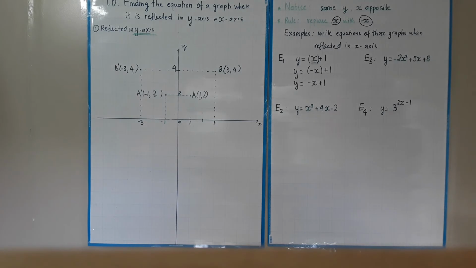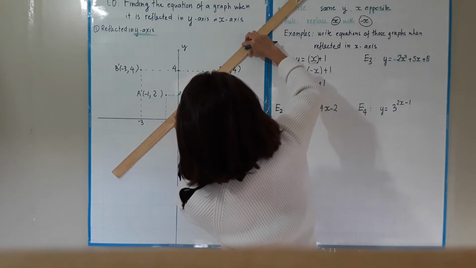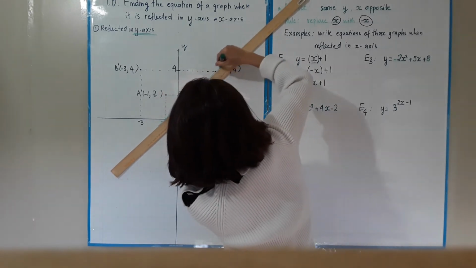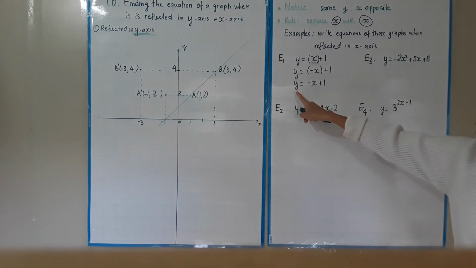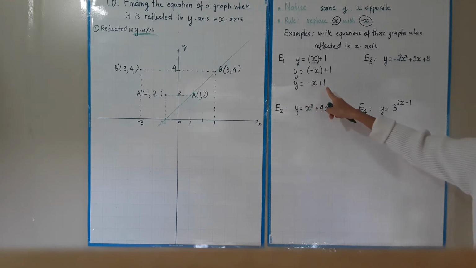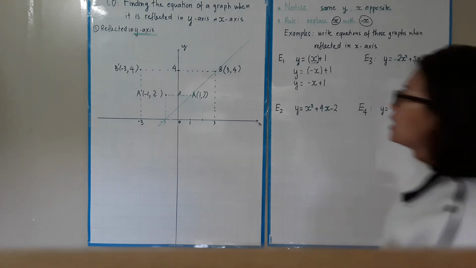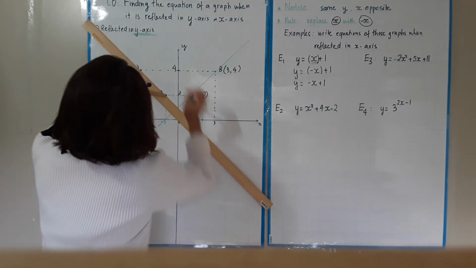If you pay a little bit of attention here, you realize this equation, y equals x plus 1, is actually the equation of the line passing through A and B. And the equation y equals -x plus 1 is the equation of the line passing through A dash and B dash, which is this one.